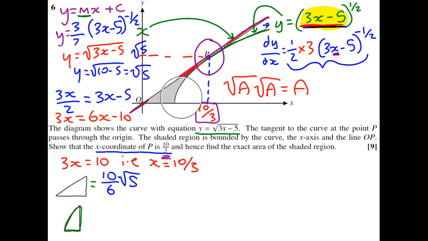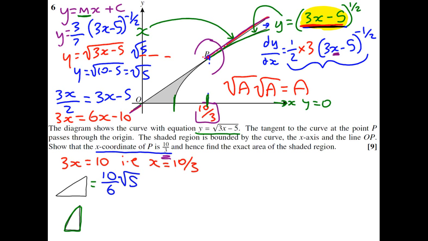Now we want this grey area, so what we're going to have to do is find the limits that we want to integrate between. We want to integrate between this value and 10 over 3. So to get this value, we're on the curve, and we want to be on the x-axis, which is y equals 0.